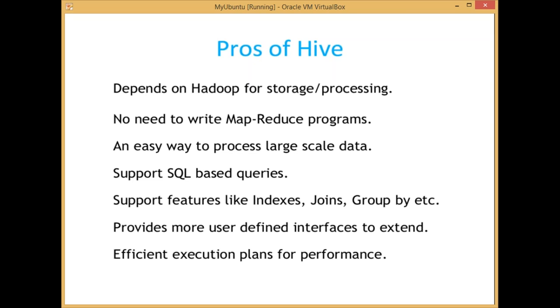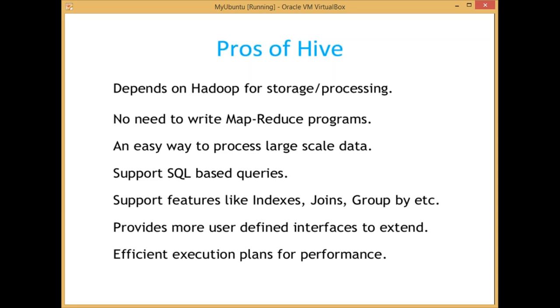You can write your own feature and you can add those features to Hive. In the upcoming classes, when we will be doing a POC, proof of concept, a mini project, in those classes, we'll be exploring in more detail how to add a new feature to Hive.